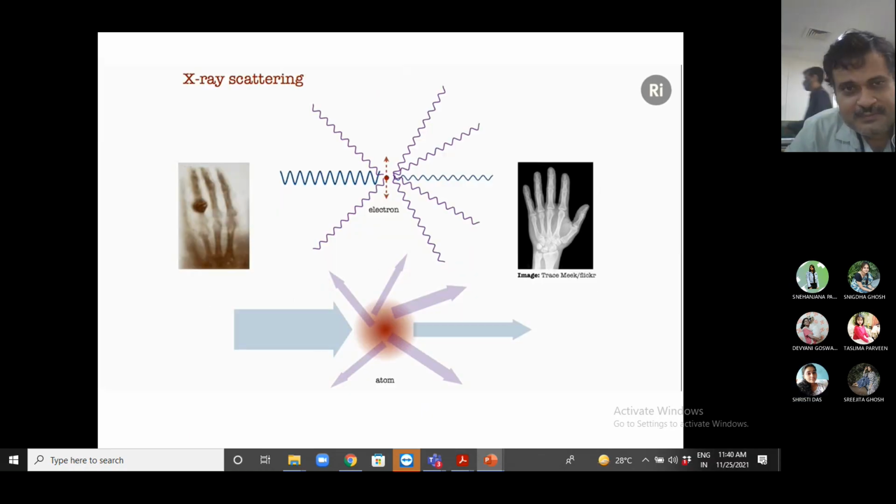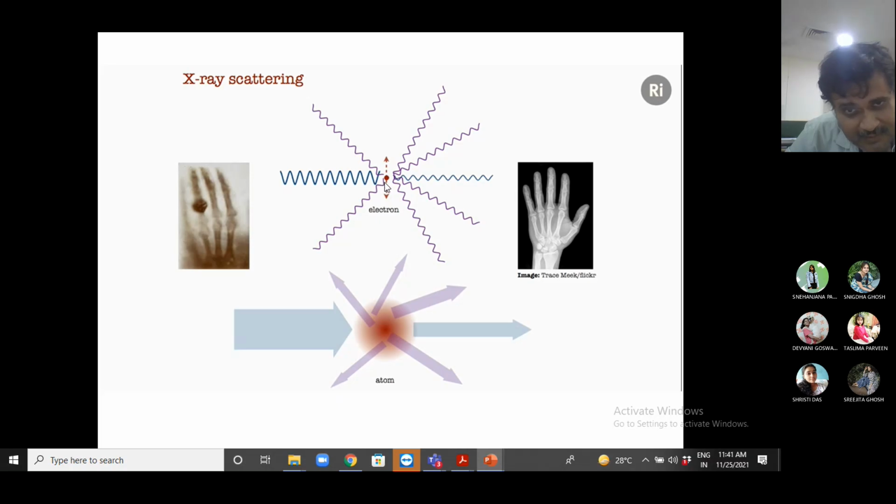Okay, so what is going on here? This is one electron of any atom. The electron vibrates inside the atom. Now, if the vibration frequency matches that of the X-ray photon frequency, what is going to happen?